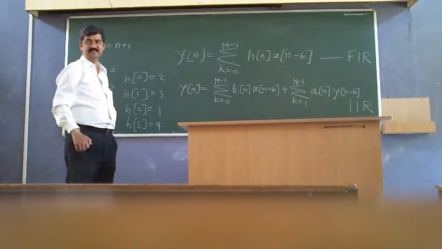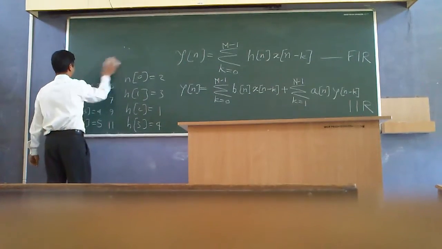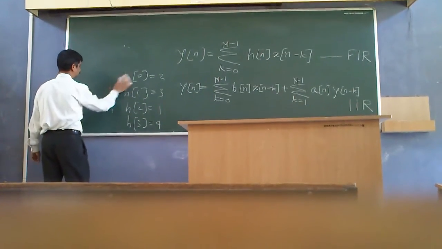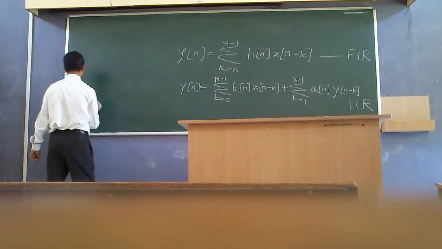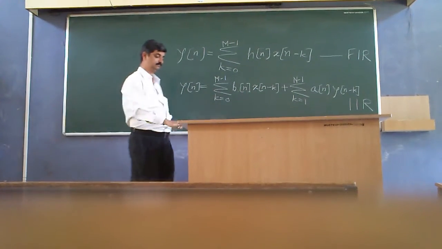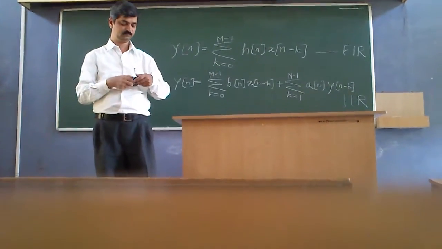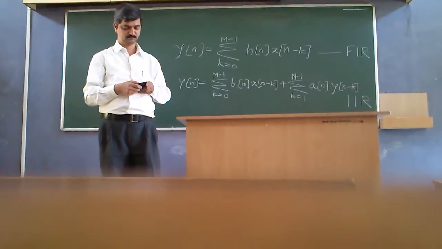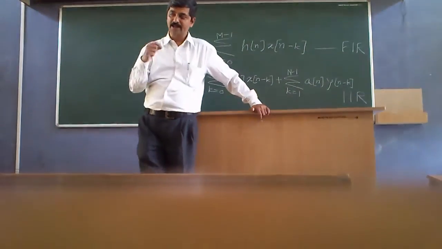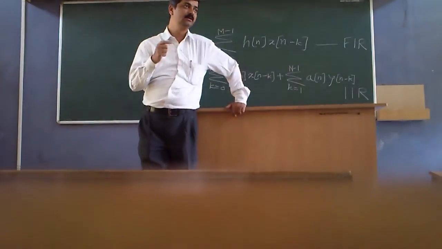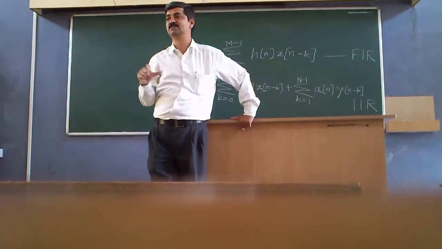That also we can very easily explain why it is called an impulse response, or what we mean by impulse response. An impulse in continuous domain is difficult to visualize.